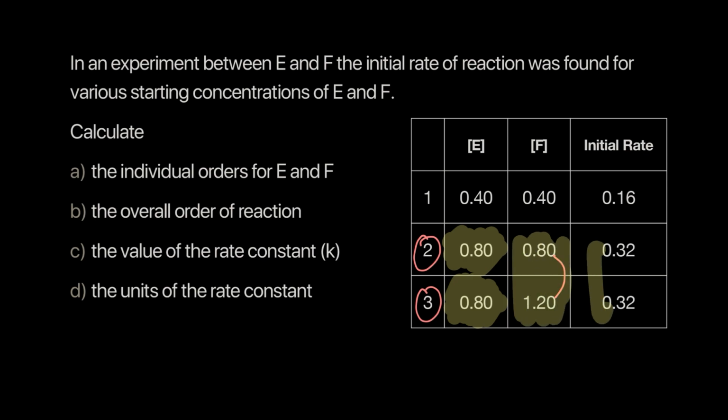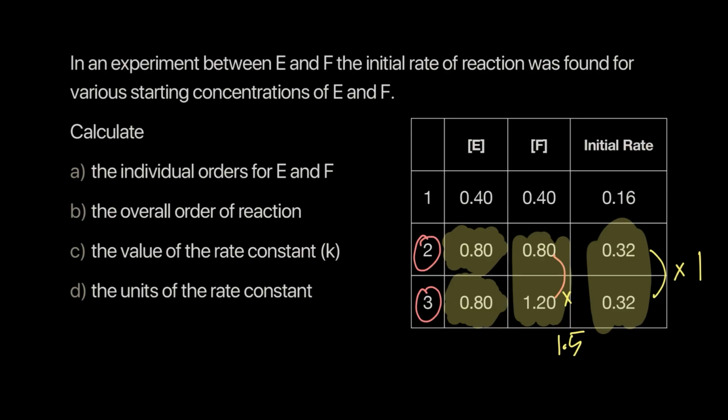In experiments 2 and 3, by a factor of 1.5. Yeah? And what is rate changing by? The rate isn't changing at all. You could say it's a factor of 1, but it's effectively saying that you changed the concentration of F, but there was no change in rate.